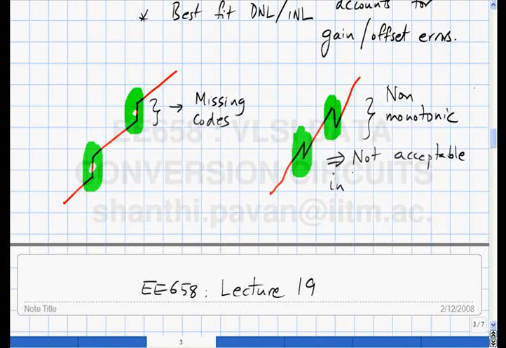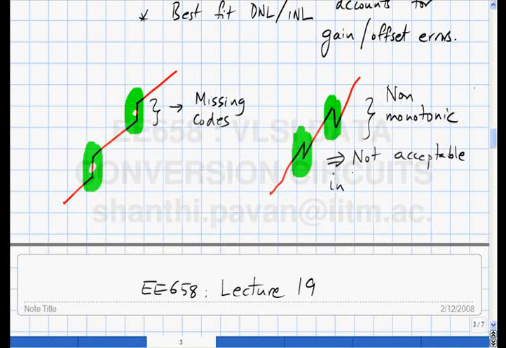Let's say this AD converter is a part of a big negative feedback loop. What is a negative feedback loop doing? If the output is not equal to the input, it's going to kick something so that the output moves up. But if something in the path is not monotonic, then the negative feedback loop will get confused, because the computer wants to go and kick something, some motor, in order for something to move in one direction.